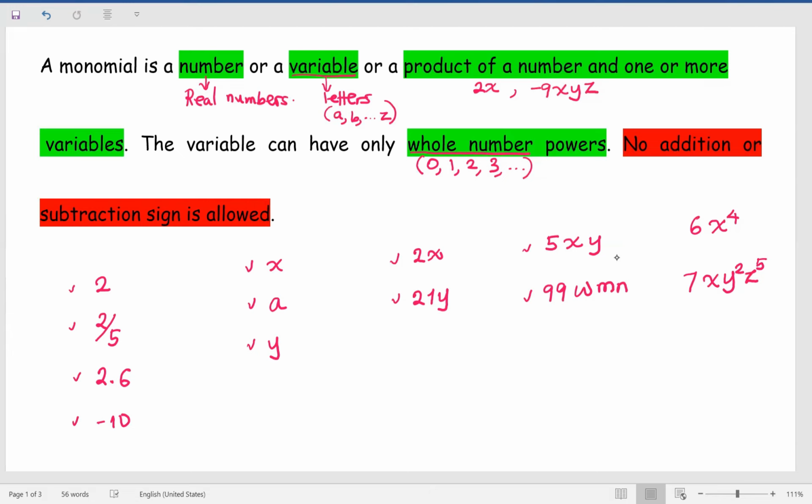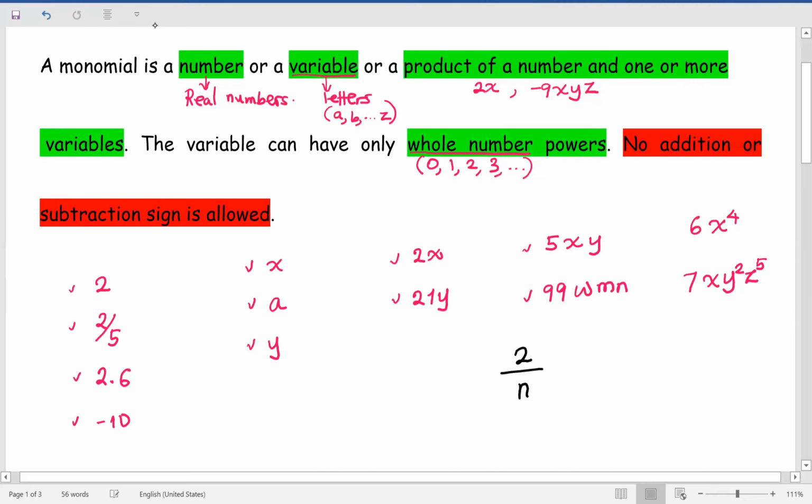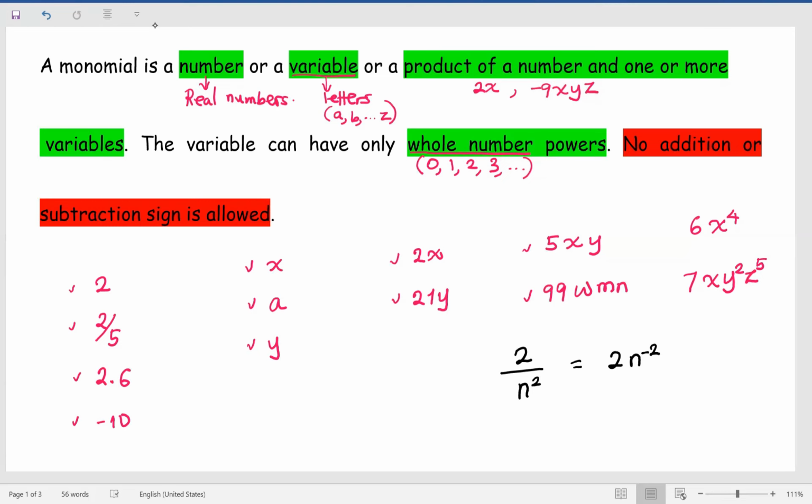An example, like if I have, let's say, 2 over n to the power of 2. Literally, this is the same as 2n to the power of -2. Now, when you have a negative power, then this one will not be a monomial. That's why we say that you should not divide by a variable. So this is not a monomial.